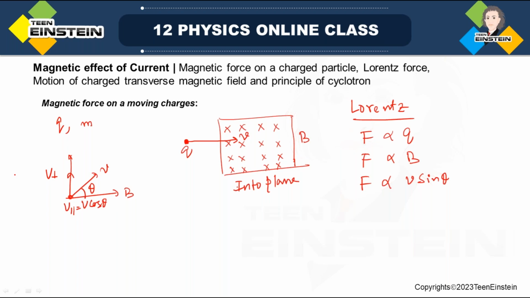That v perpendicular component is v sin theta. This is perpendicular to the direction of the magnetic field. So I have taken the component of the velocity which is perpendicular to the direction of the magnetic field.